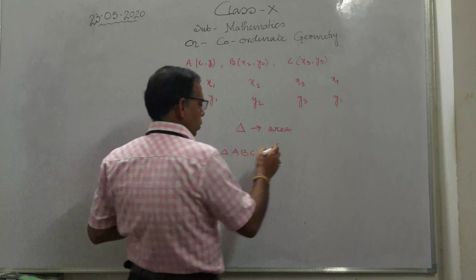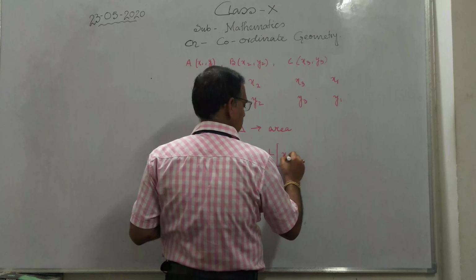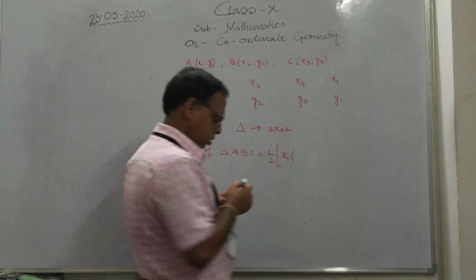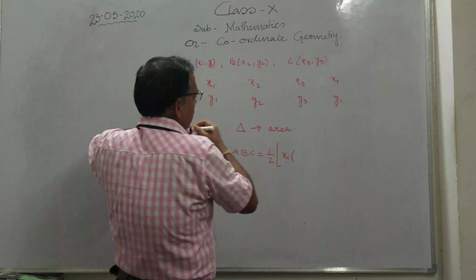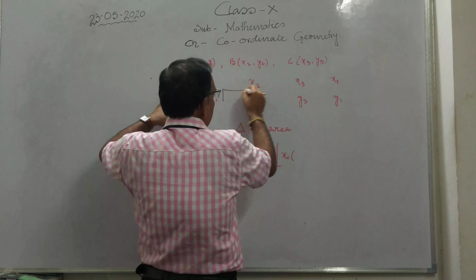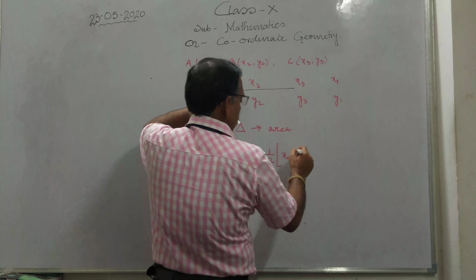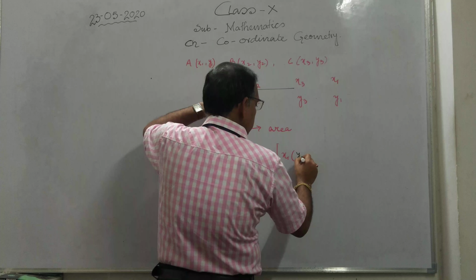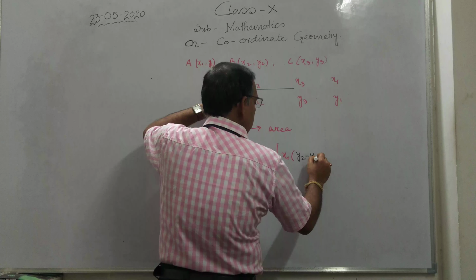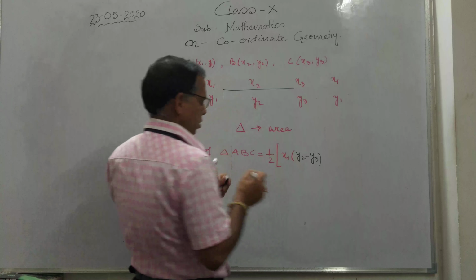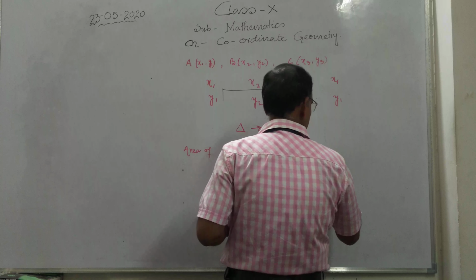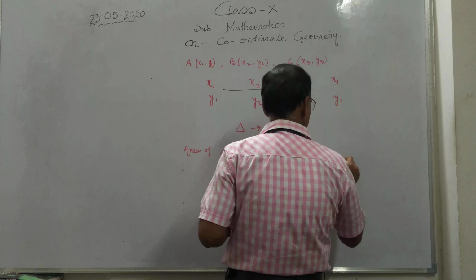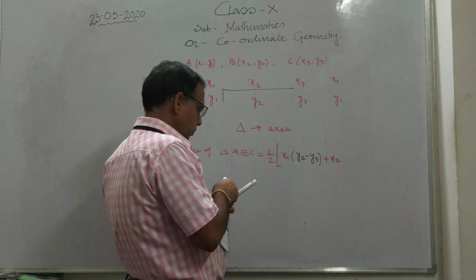Then the rest of that row and column is not there. What is left? y2 minus y3.